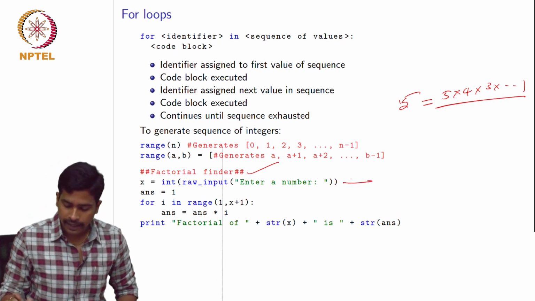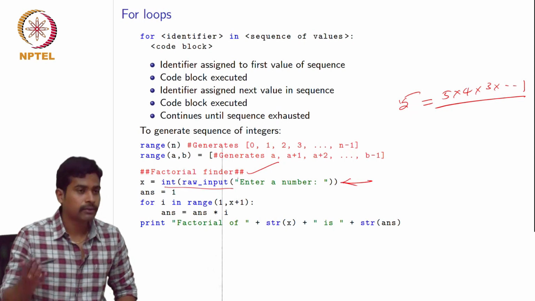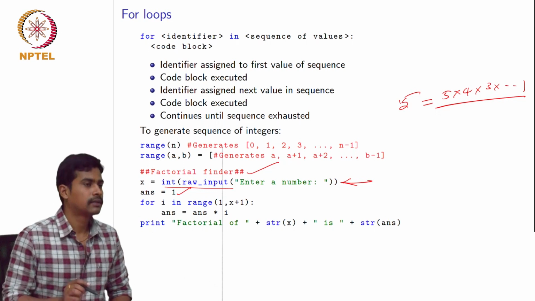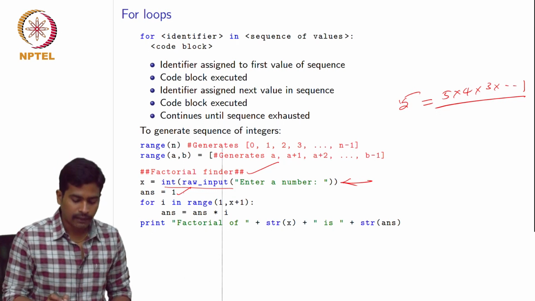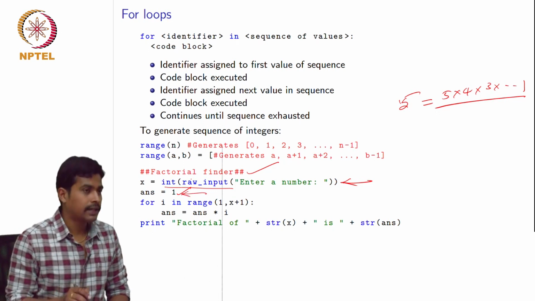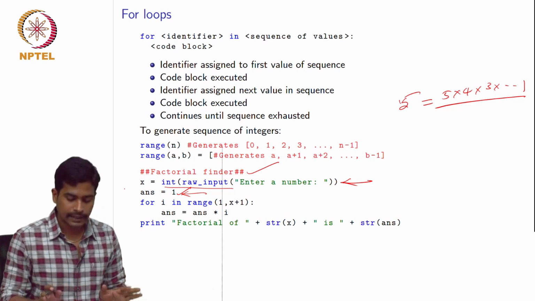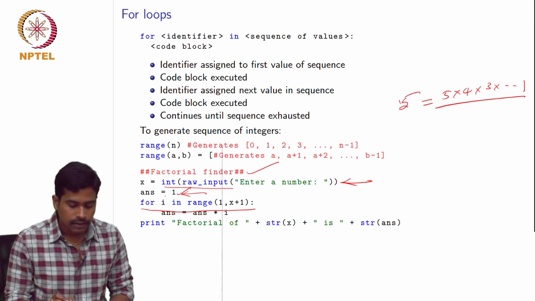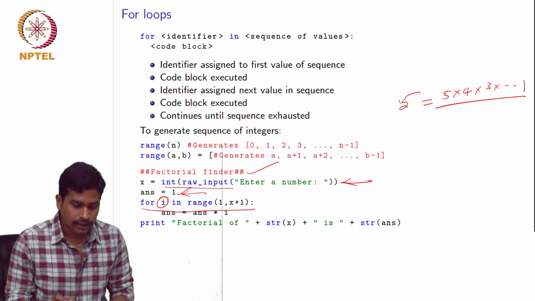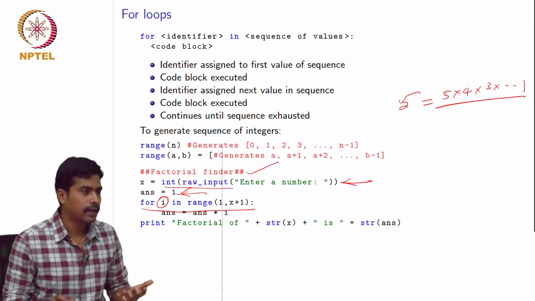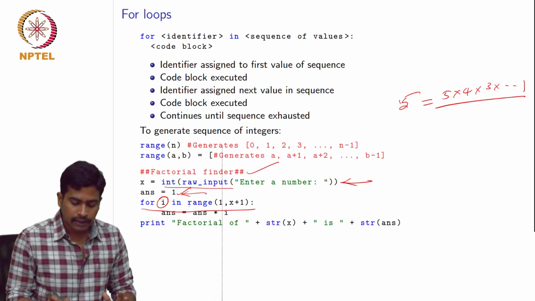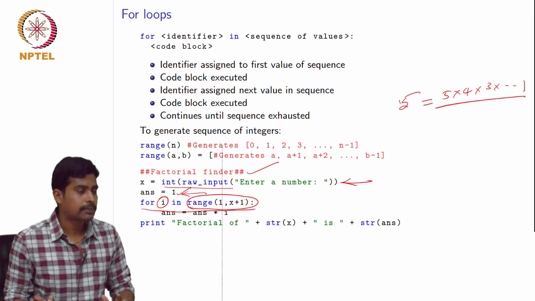Again we have used this raw input command to take a number from the user and initialize the answer to 1, and finally we store our final result again in this variable, but initially we declared it as 1. So this is the syntax of the for loop. In the for loop we are declaring an identifier, also a dummy variable. Here the dummy variable is i, and we write another thing here, range of 1 comma x plus 1.